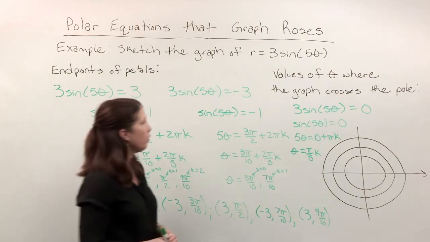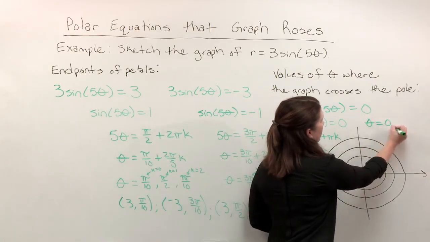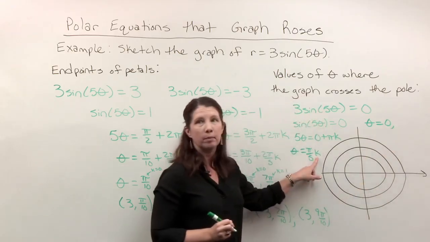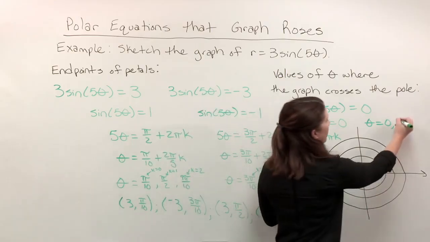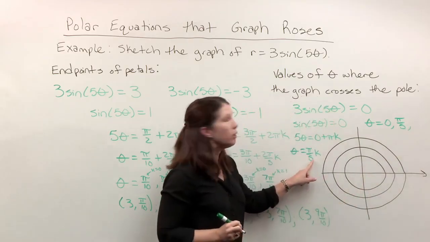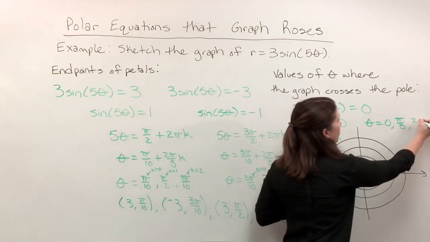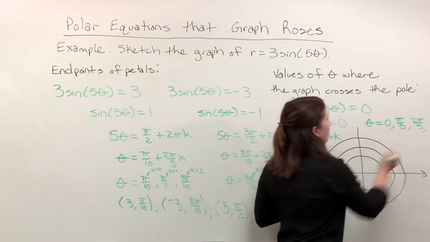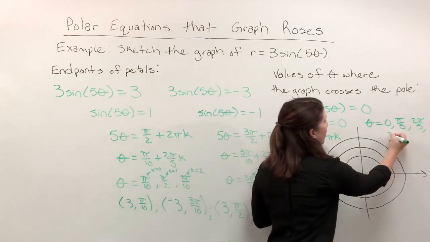Now again, I would begin substituting in values of k beginning at 0. So the first value would be theta equals 0 when k is 0. Then I would substitute in 1, which would just give me pi over 5. Substituting in 2 would give me 2 pi over 5. Substituting in 3 would give me 3 pi over 5.